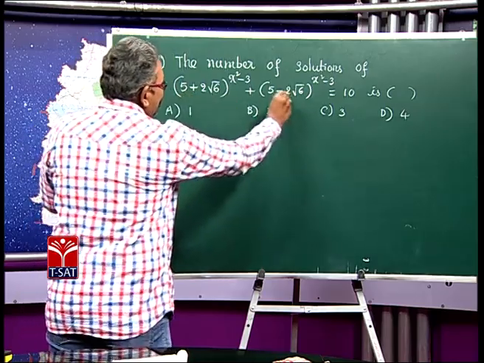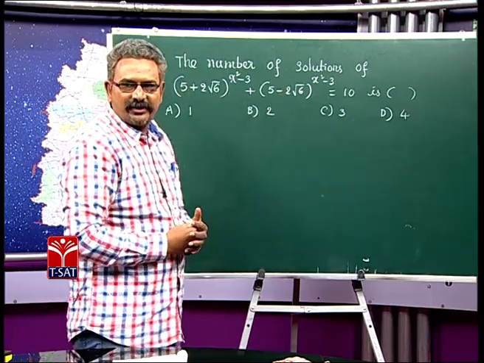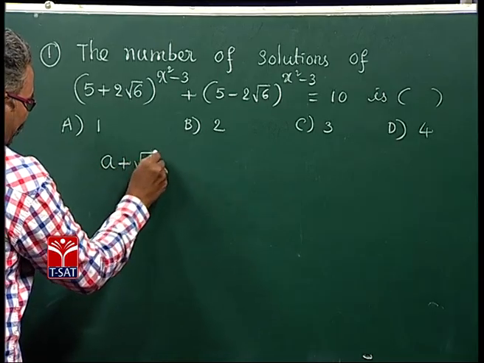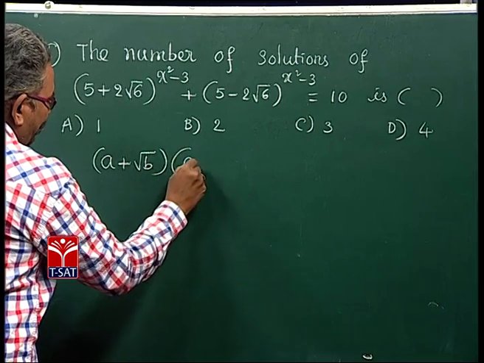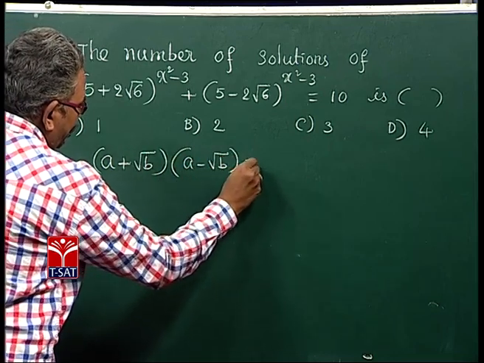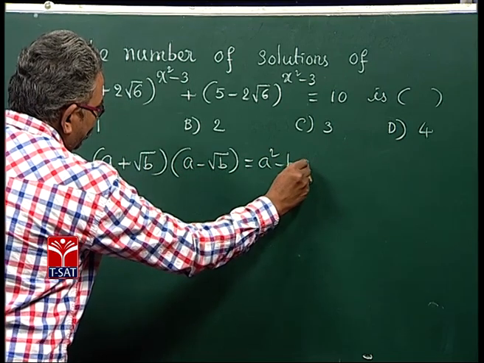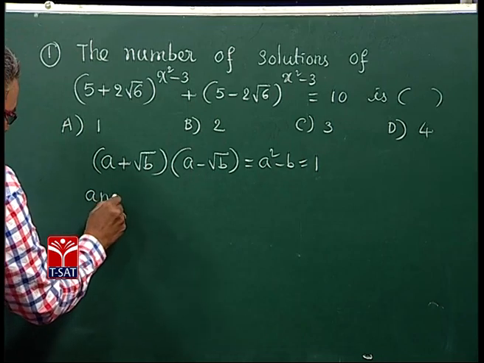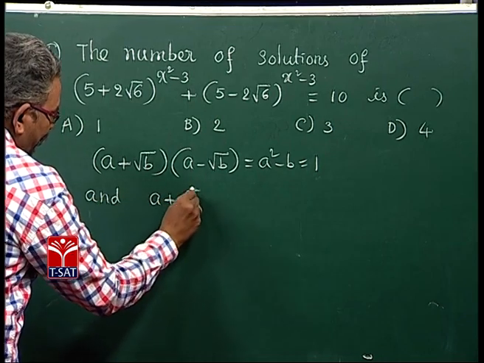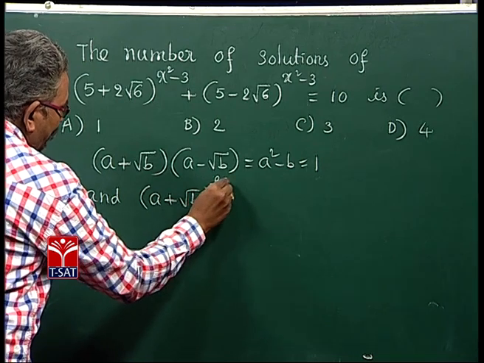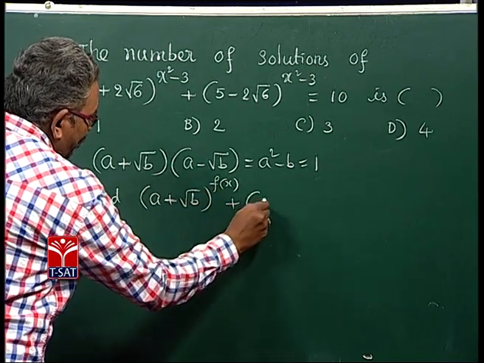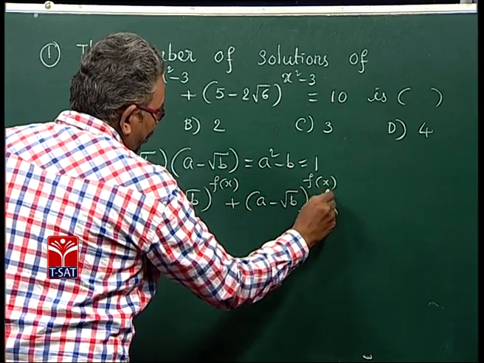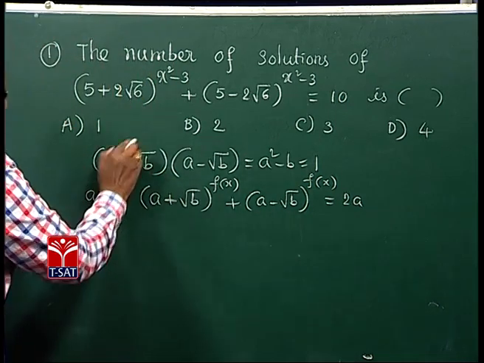Just see, we have the shortcut that we have already studied. I will repeat it once again. (a plus root b) multiplied by (a minus root b) equals a square minus b equals 1, and (a plus root b) whole to the power of f of x plus (a minus root b) whole to the power of f of x equals 2a, that means the sum of these two binomial surds.